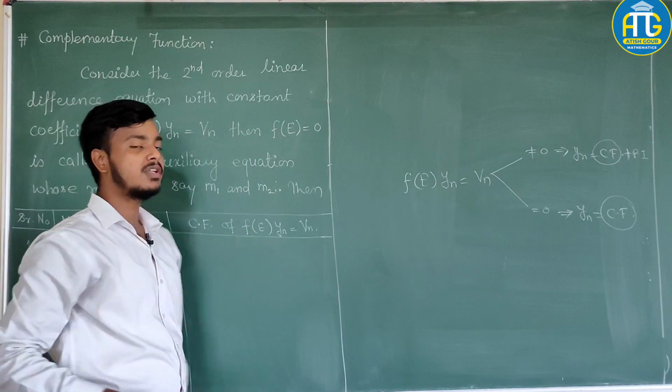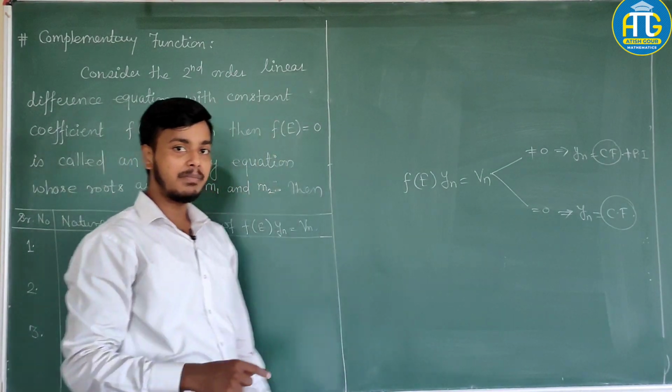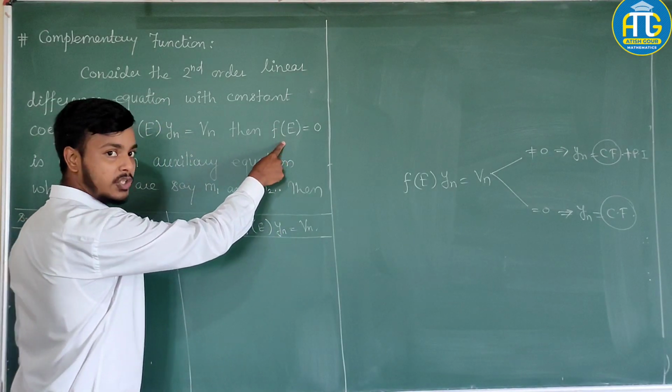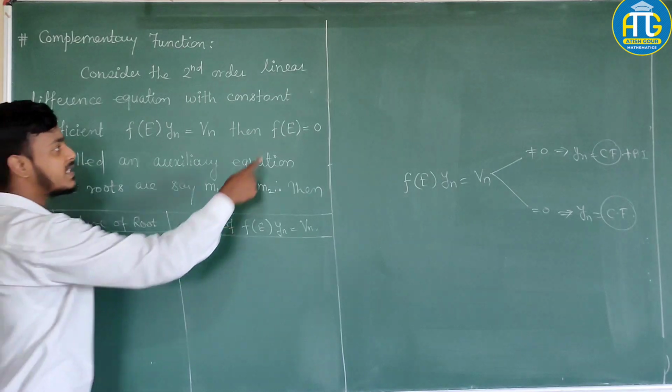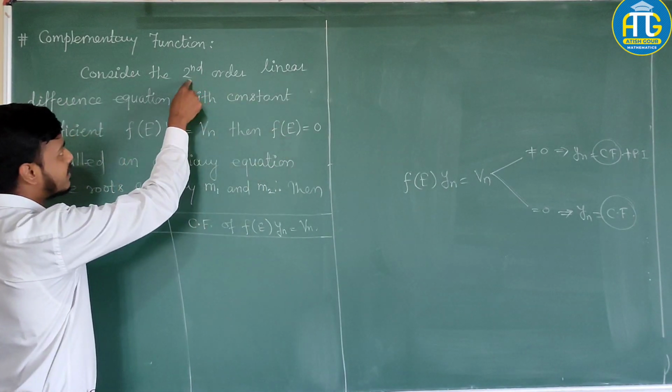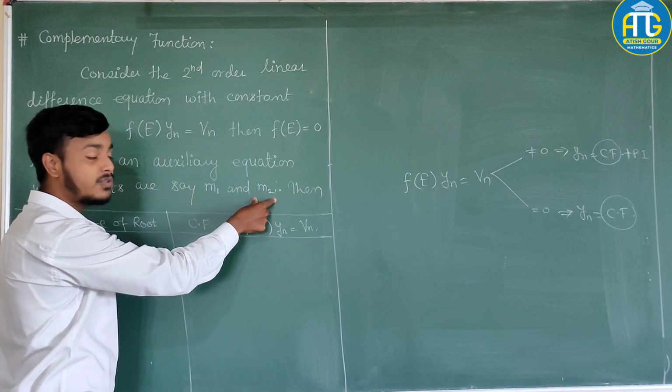This auxiliary equation may be a quadratic or cubic depending on the given equation, and depending on that we have as many roots. So if it is a quadratic equation as we are considering, how many roots will it have? It will have 2 roots.